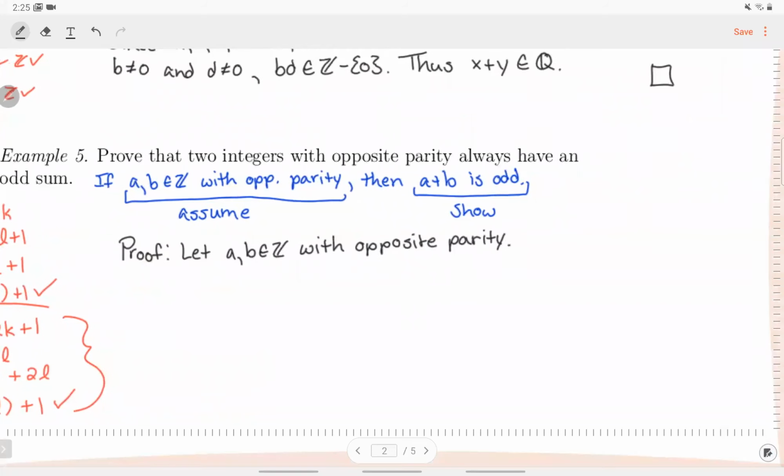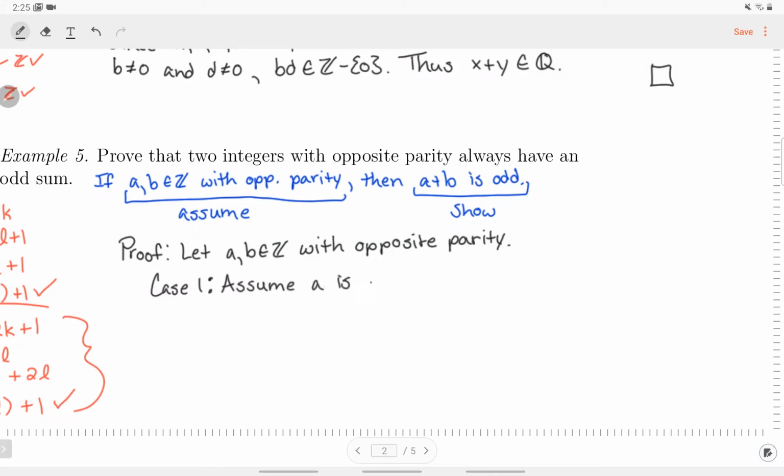So the way we can write this when you're doing cases, you can actually split it up and literally say case 1 here. Okay, so case 1, we're going to assume A is even and B is odd.